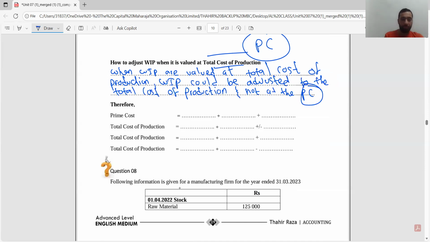Very simple. Prime cost means what? How to calculate prime cost? We know direct material, direct labor, direct other. Now total cost is prime cost plus production overhead plus or minus changes in WIP.